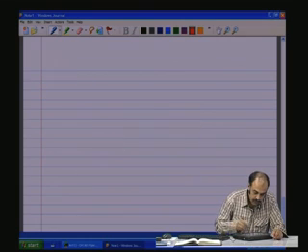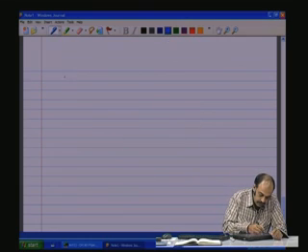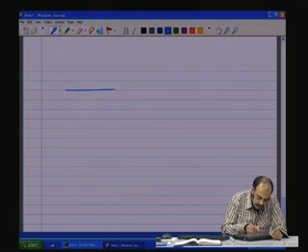So, we come to three important types of vector combinations.